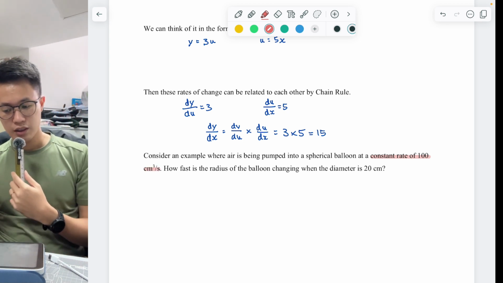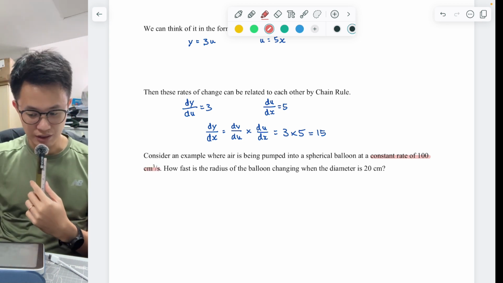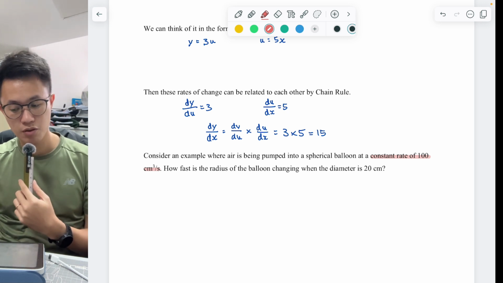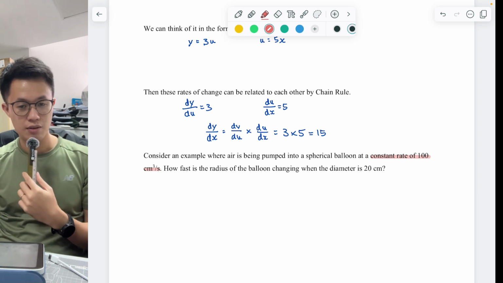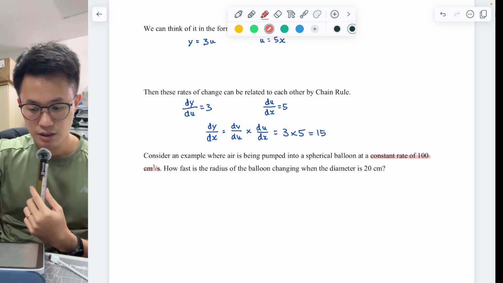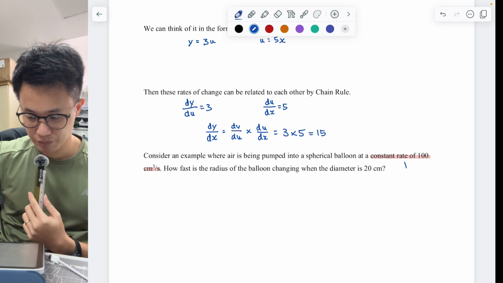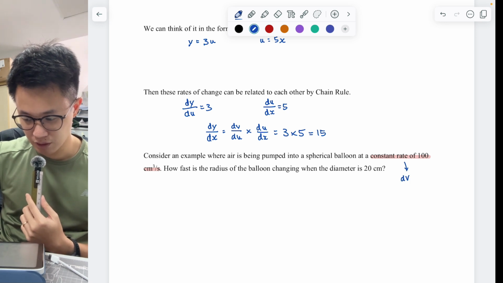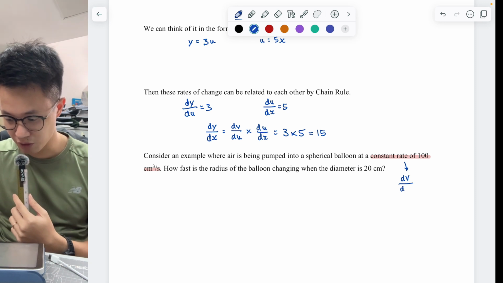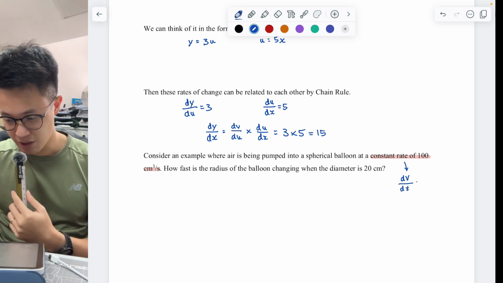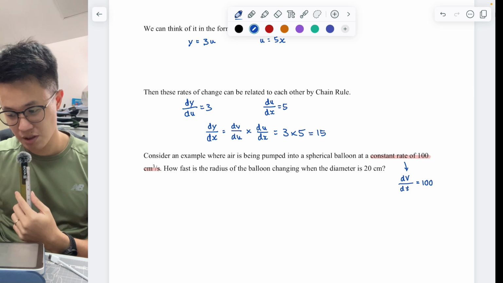Now, cm cubed gives us a clue that this is in terms of volume. So there is volume being pumped in at 100 cm cubed per second, and this tells us that the rate of change of the volume with respect to time, dV over dt, equals 100 cm cubed per second.